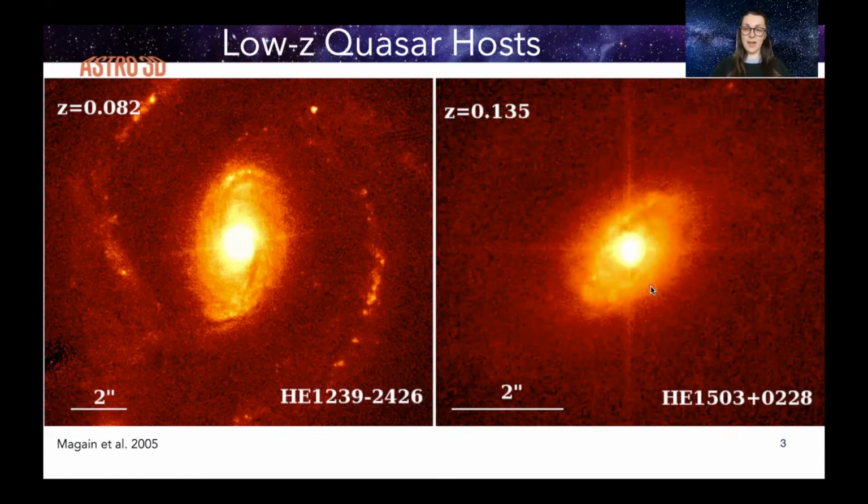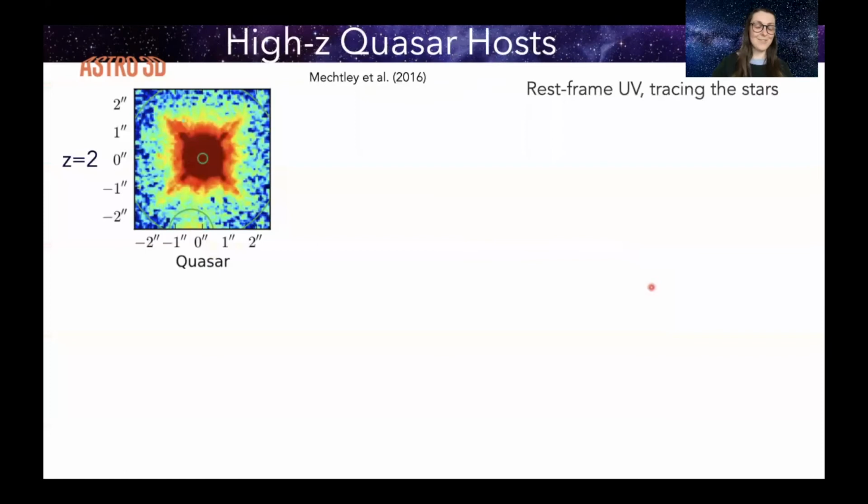Measuring the properties of these galaxies is relatively easy at low redshift, but things get much trickier when you go to higher redshifts. So here we have again an HST image of a redshift 2 quasar. You can see now that quasar emission is really starting to dominate the image that we see.